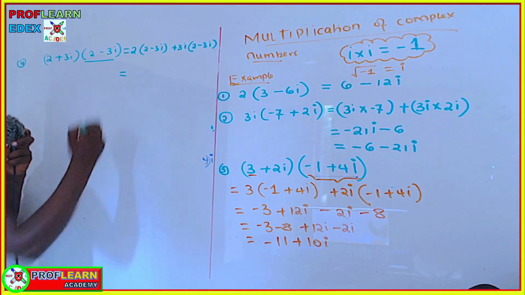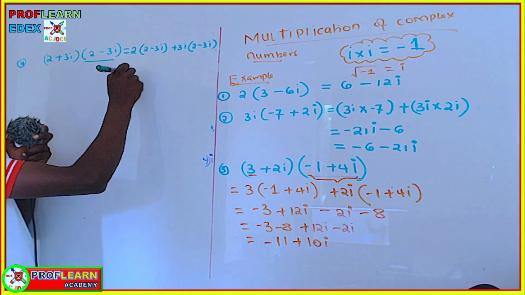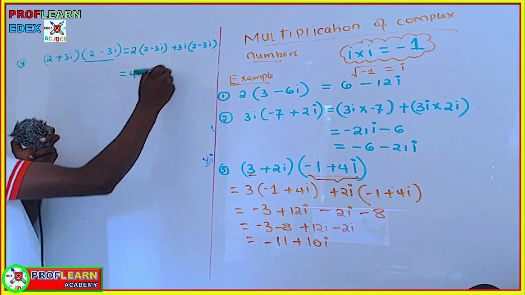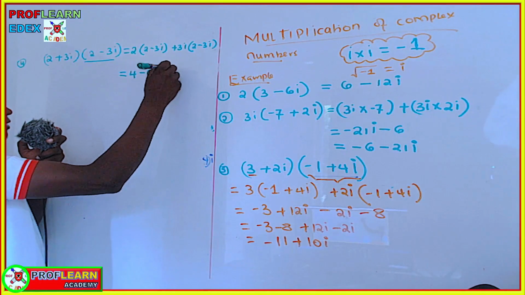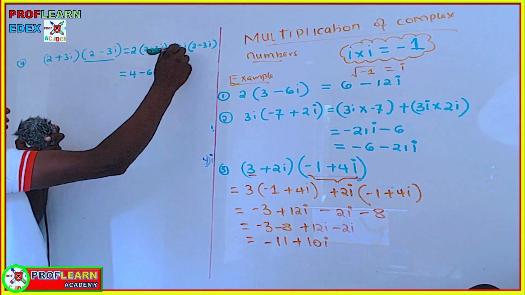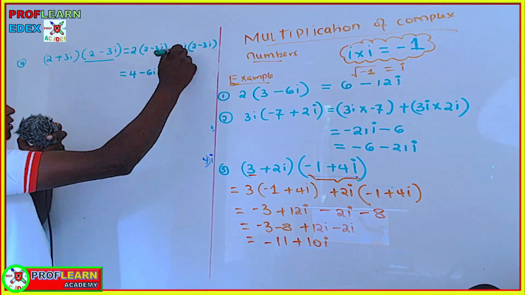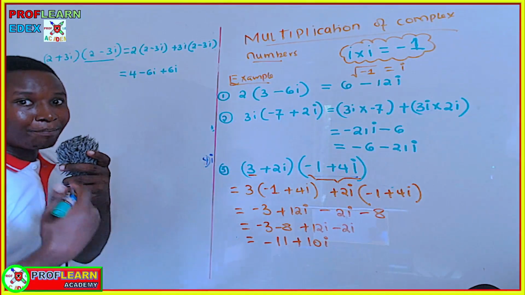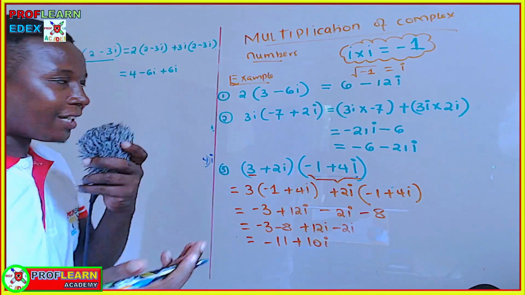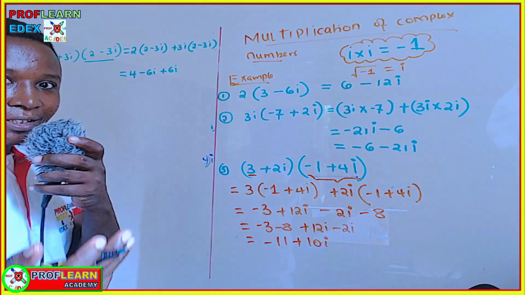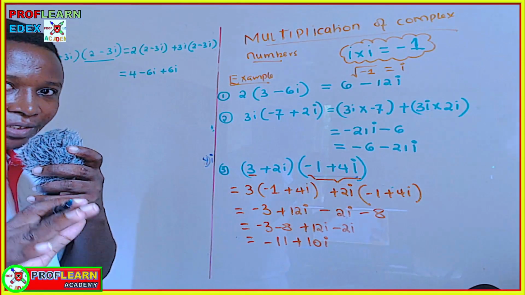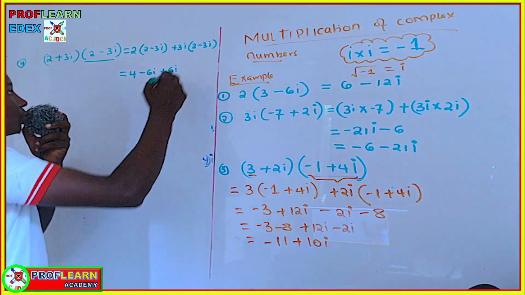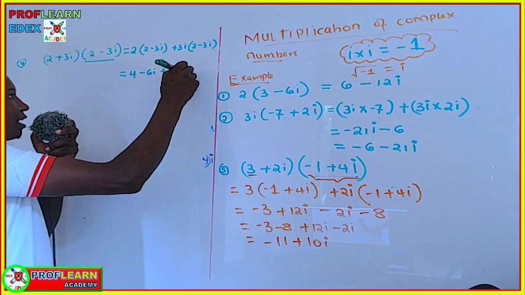If we multiply this, we get 4, and this is going to be negative 6i, this is going to be plus 6i, and the other one: 3 times negative 3 gives us negative 9, but i times i gives us negative 1. So that is why at the end we are going to have positive 9.